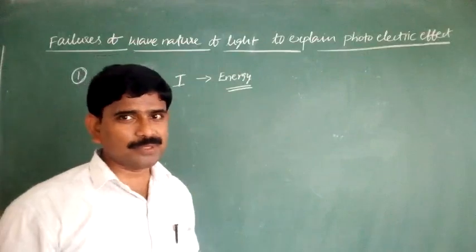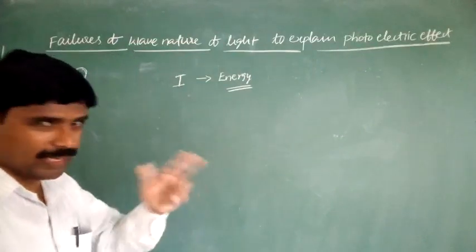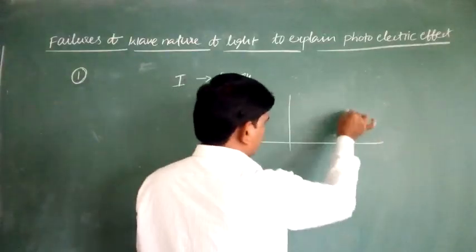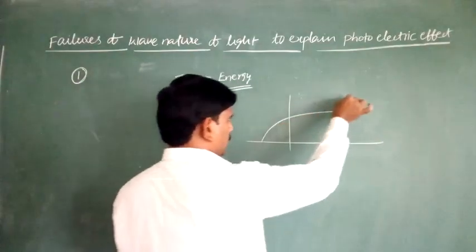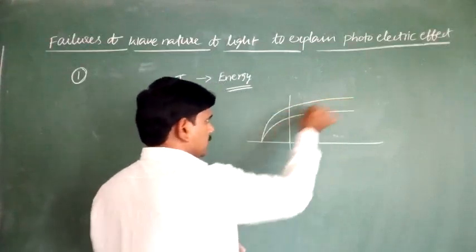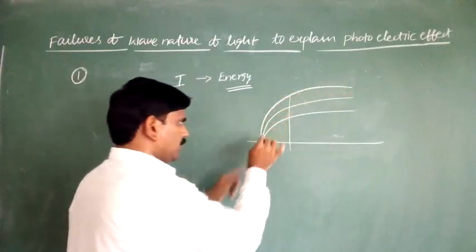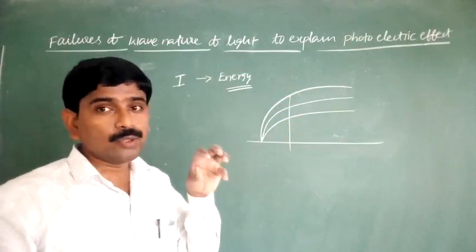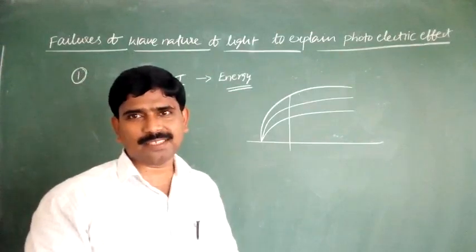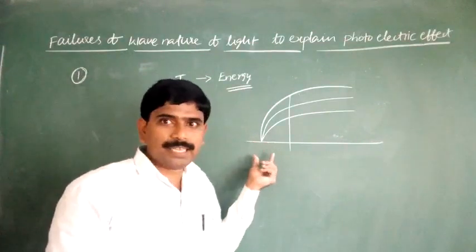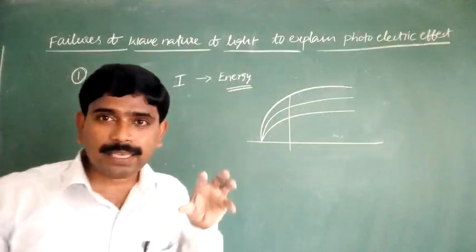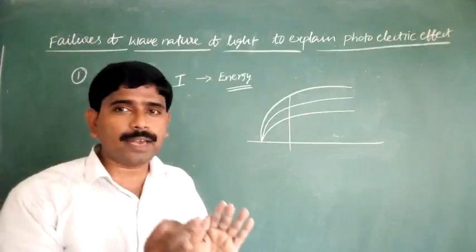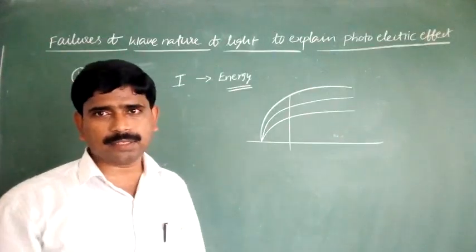But practically, in the second observation, we get a graph like this. We use different intensities of light and get the same stopping potential, which means all the emitted electrons move with the same kinetic energy.